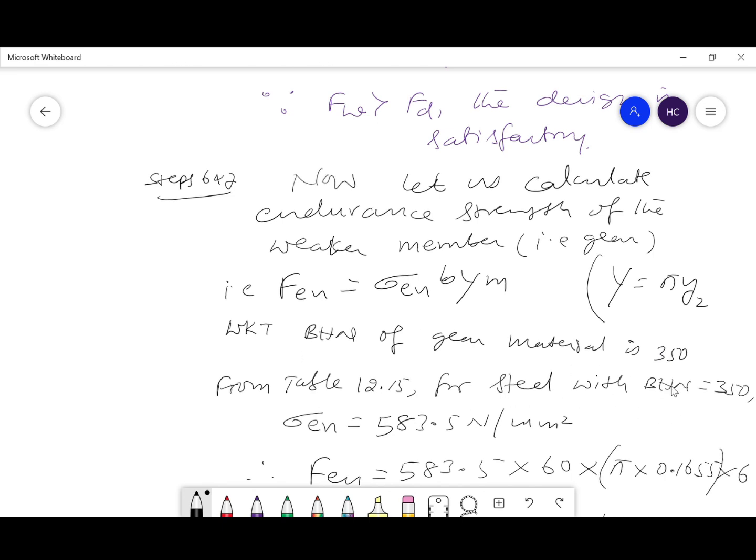For steel with BHN equal to 350, we have sigma En is equal to 583.5 Newton per millimeter squared, and b is face width, that's equal to 60 mm. Capital Y is pi into y. So here in this case it is pi y2. So y2 is 0.1655, and m is the module, that is 6 mm.